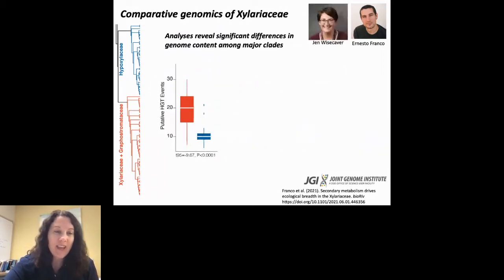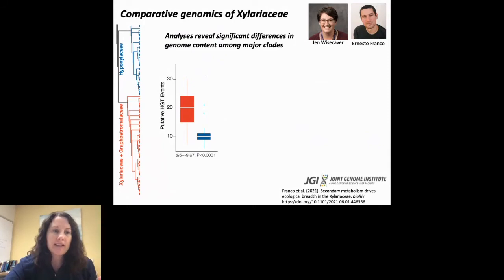One reason we see these differences in genome size is that it appears that the Xylariaceae has experienced more horizontal gene transfer events. Here I want to highlight Jen Weiskäfer, who performed these phylogenomic analyses to characterize horizontal gene transfer. We found that most of the horizontal gene transfer events appeared to come from bacteria, but there were also genes from plants, viruses, and related fungi.